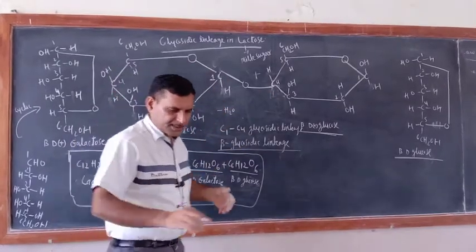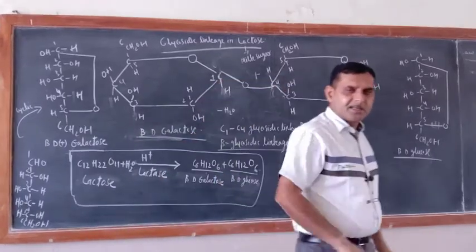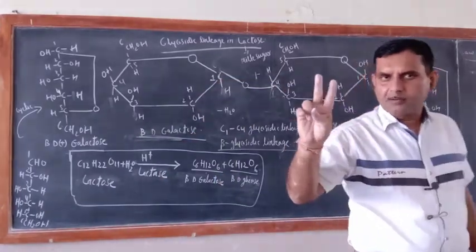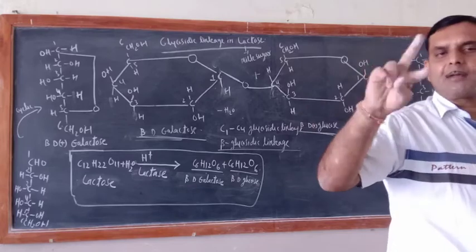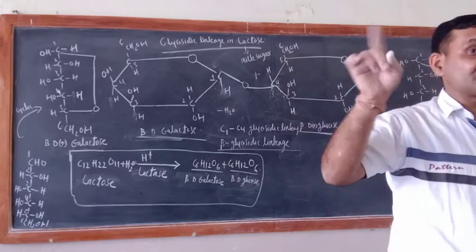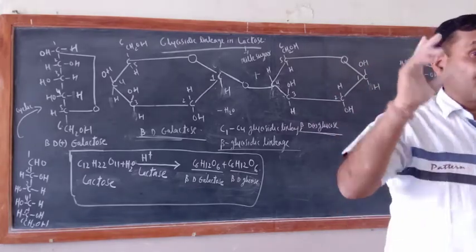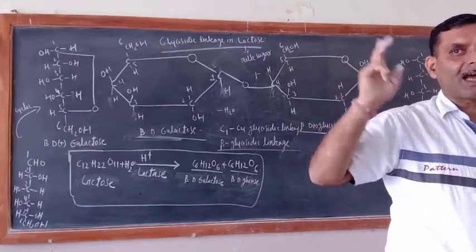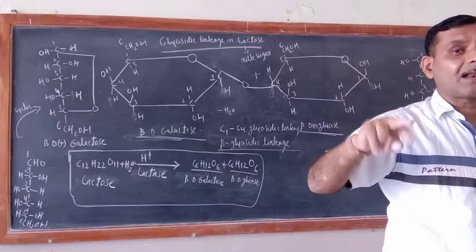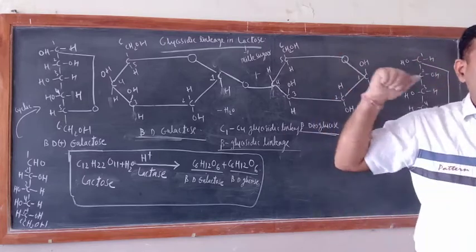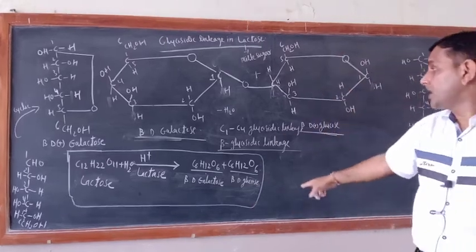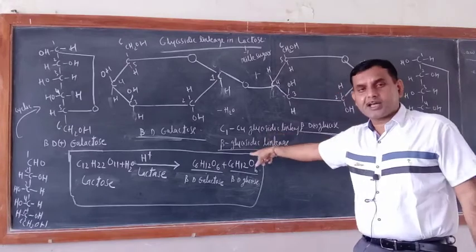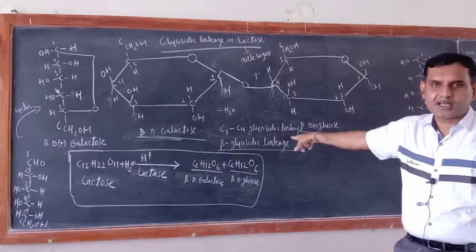So now just see. Once again I am summarizing. In sucrose, what kind of glycosidic linkage? Alpha beta glycosidic linkage. C1C2 glycosidic linkage. In maltose, C1C4 glycosidic linkage, or that can be known as alpha glycosidic linkage. In lactose, what is there? C1C4 glycosidic linkage or beta glycosidic linkage is there.